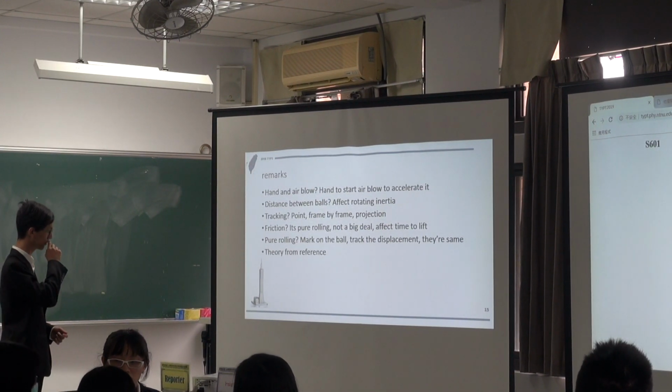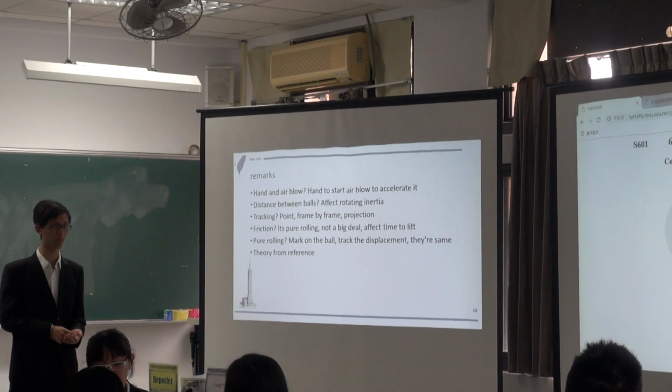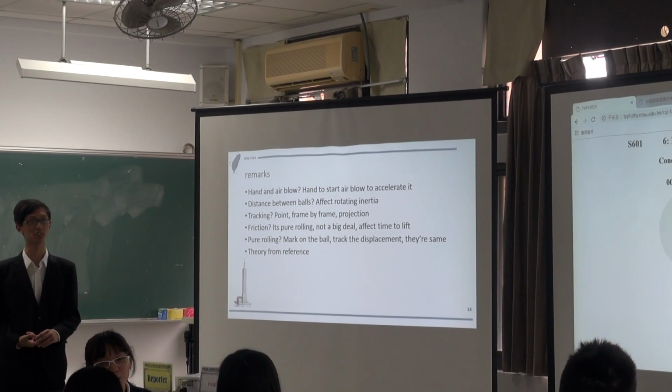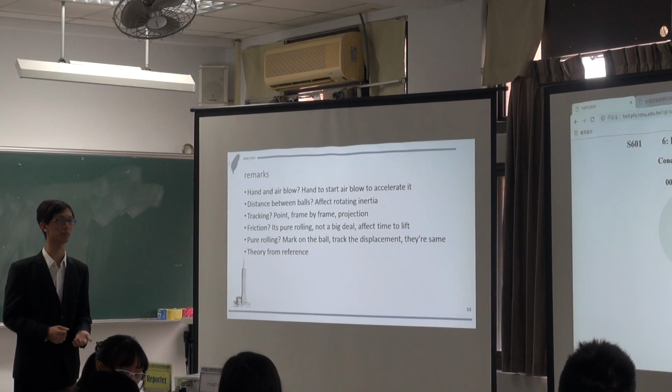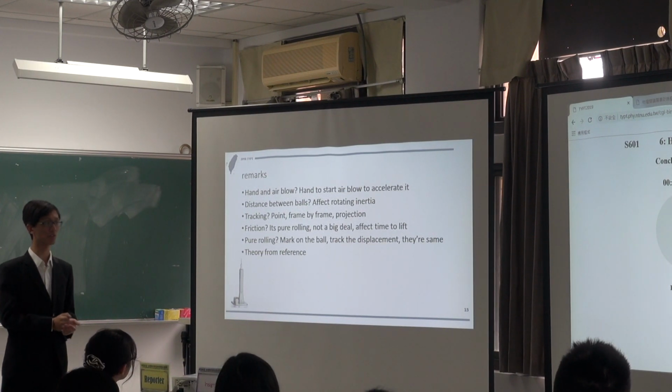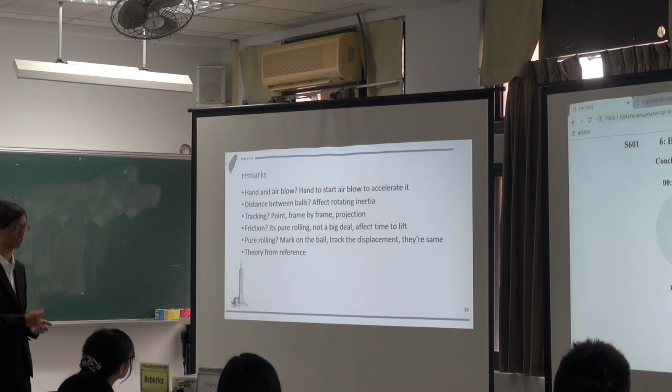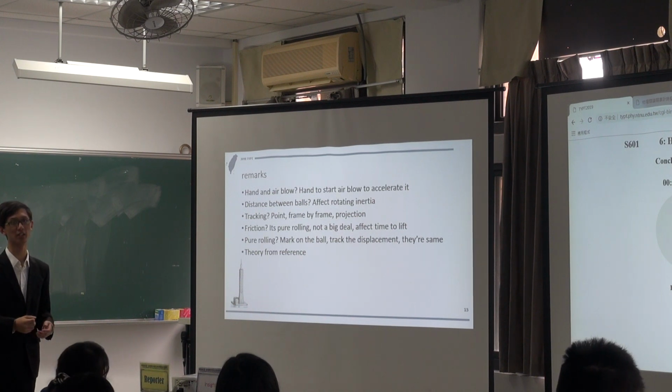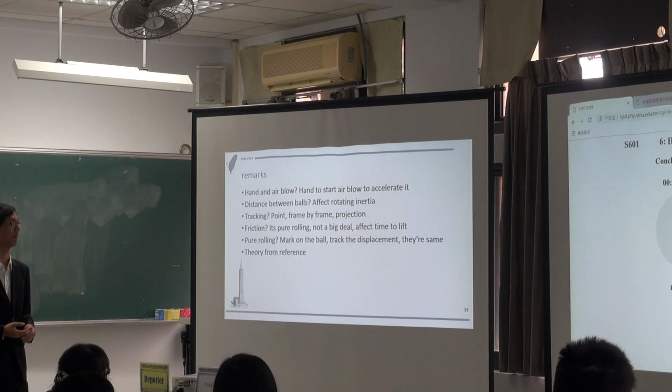And for the friction rolling experiment, because in our experiment what we measured is the deceleration, what we said is that in the deceleration part there is no effect from the friction. So the friction rolling experiment is at the start, where the ball starts to have the tilt.